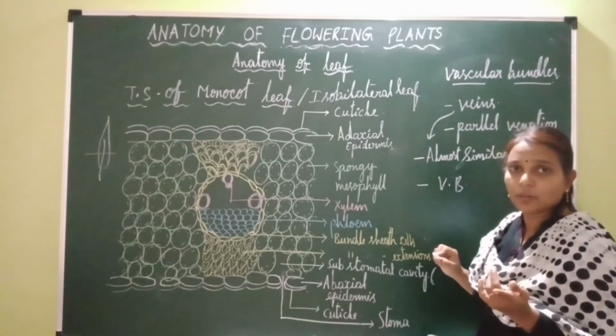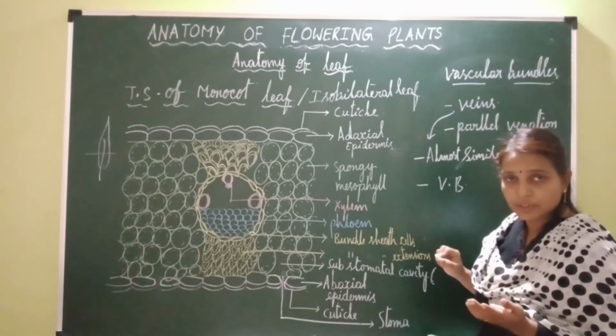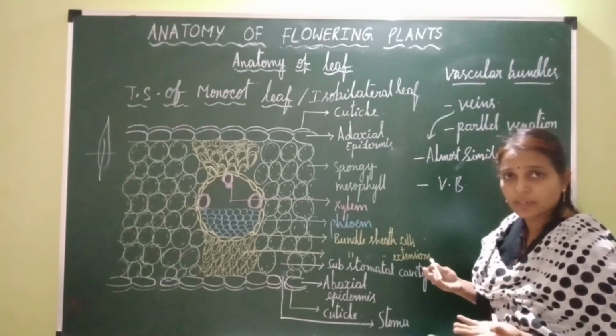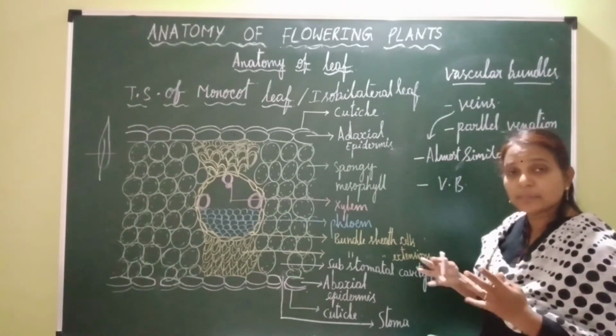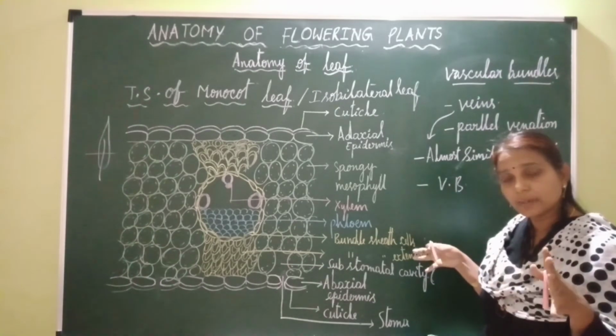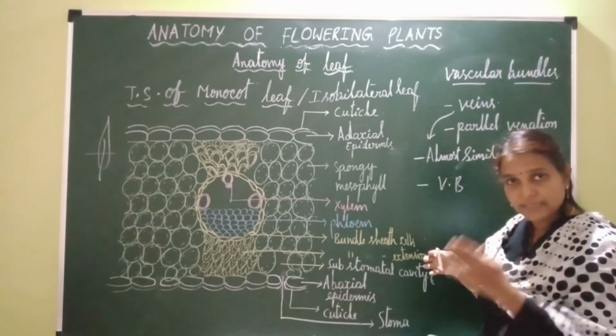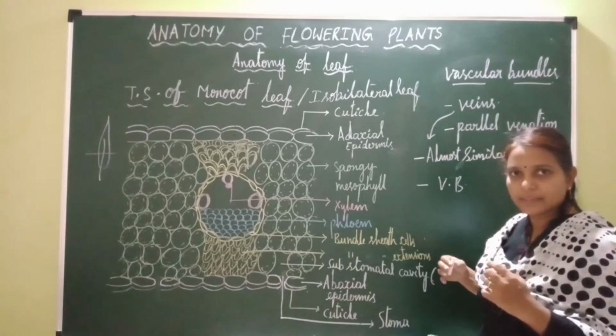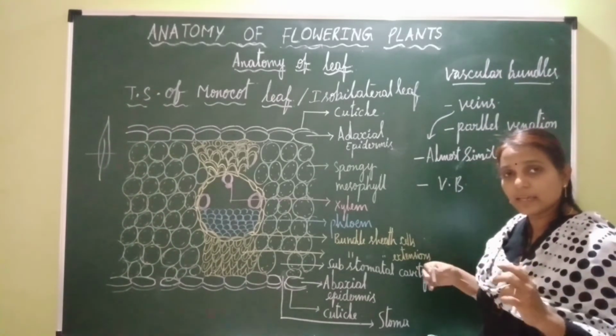In case of dicot leaf, as there is reticulate venation, the vascular bundles are dissimilar in size, because in case of reticulate venation, veins are dissimilar in thickness. The central vein is thicker, lateral veins are less thick, and hence the vascular bundles present in the central vein are larger in size, whereas lateral veins and veinlets are smaller in size.